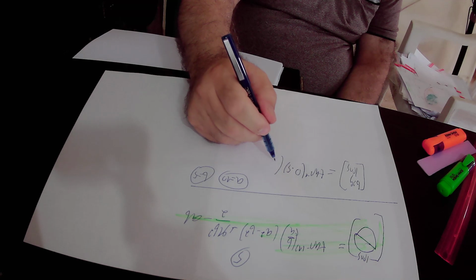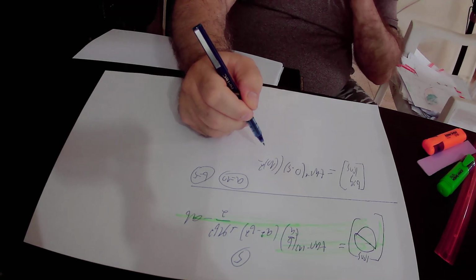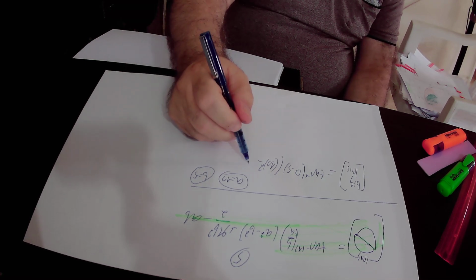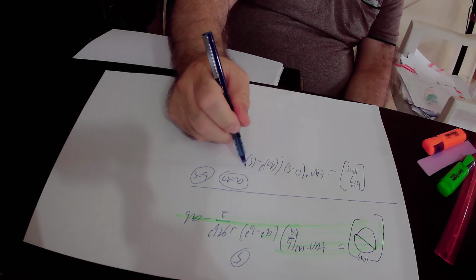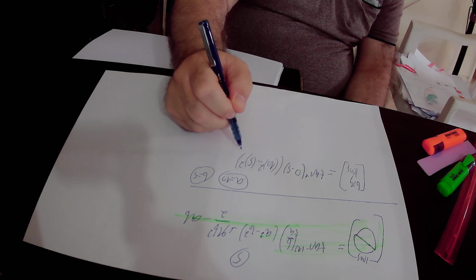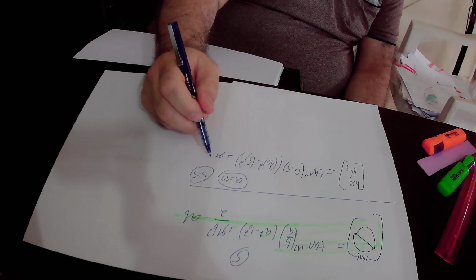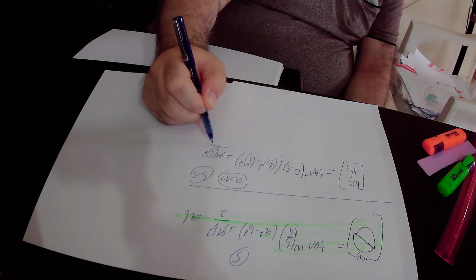A is 10, so A squared is 10 squared. Minus B squared. B is 5, so B squared is 5 squared. Plus pi times 5 squared over 2.